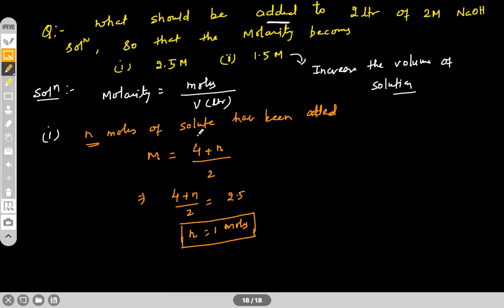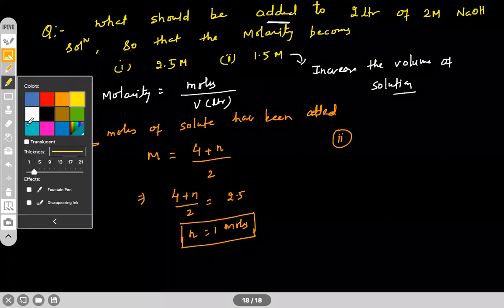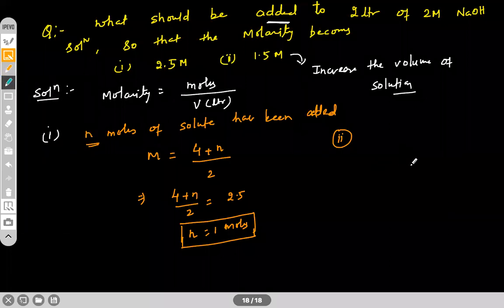So we have taken some amount of solvent and we are adding solute into it like that. Okay. So in the first case, we have to add 1 mole of solute in order to increase the molarity from 2 to 2.5. Now in the second case, what we have to do? We have to decrease the molarity. It means we have to increase the volume. So what I have assumed is that V liter of solution we have added into it. So what is the molarity now? Molarity is 1.5.